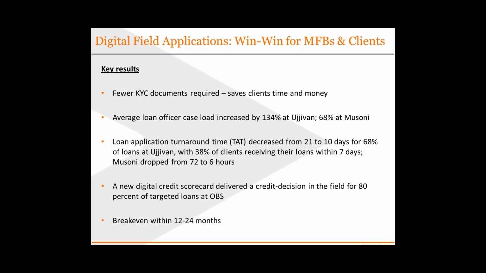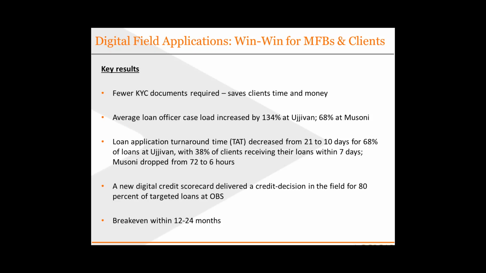The main reason why Musoni's turnaround time is so much shorter is that they were founded from the beginning as a 100% digital MFI. So the DFA digitized their back-end processes, whereas for the client-facing processes, loans had been disbursed through M-Pesa from the beginning. So those turnaround times are shorter.